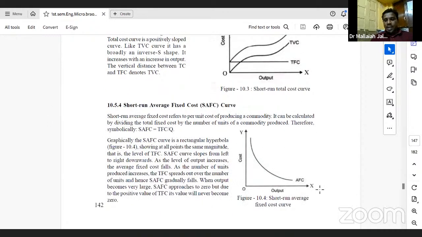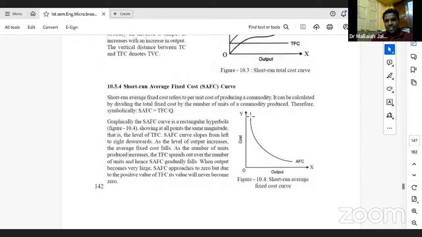And the average fixed cost, when the output increases, average fixed cost declines. That is the reason why it decreases.